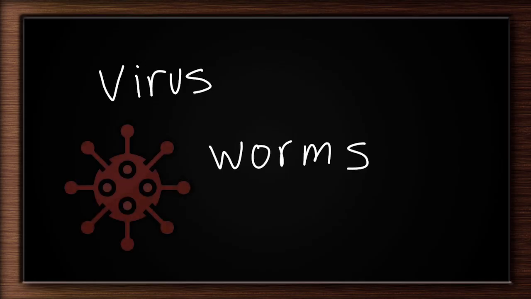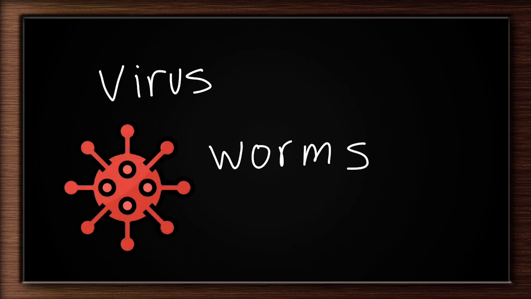Now let's go over traditional viruses and worms. And this is actually something that you're probably already familiar with since it's nothing new, right? So viruses actually have been around for quite some time, even back to the 1980s, right? Or probably even before that.